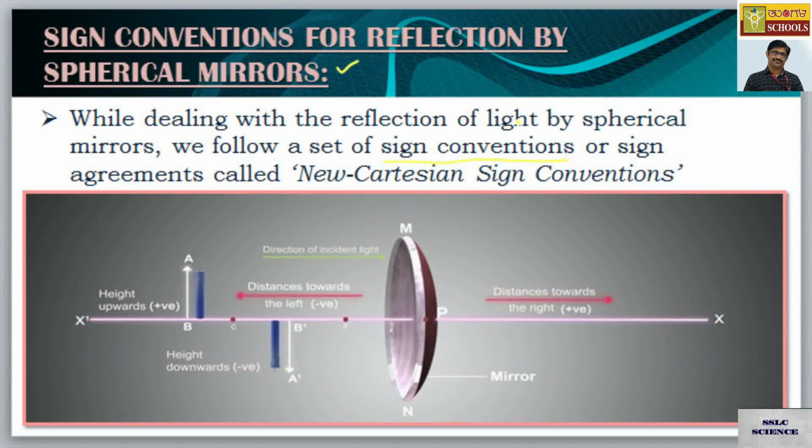These are very much helpful in solving problems and in understanding spherical mirrors easily. This is the picture of a concave mirror along with the object and image. Let us try to understand what exactly the sign conventions say.